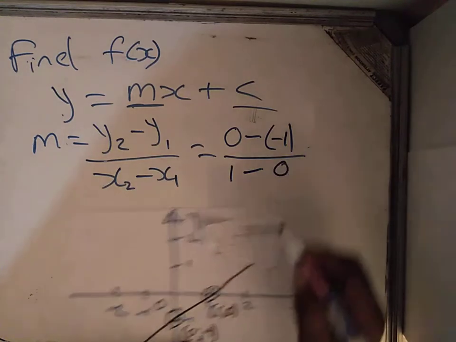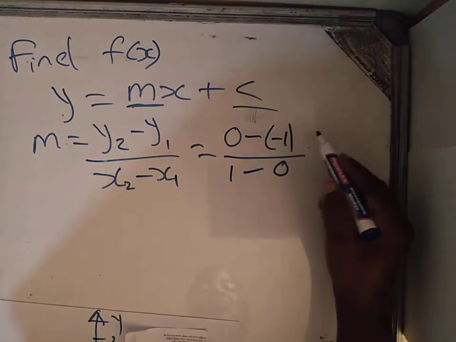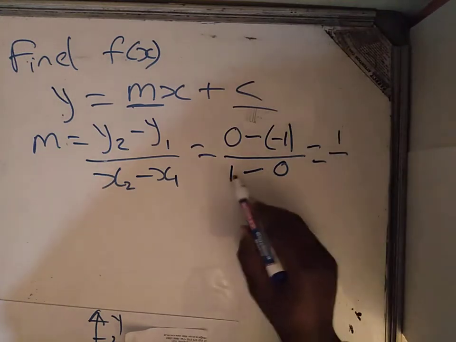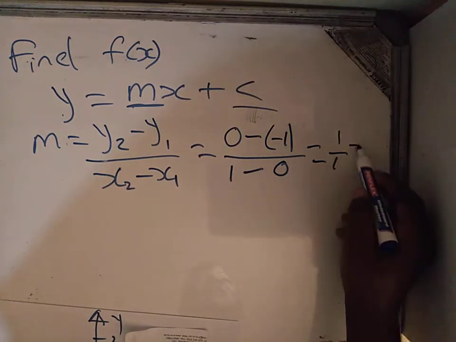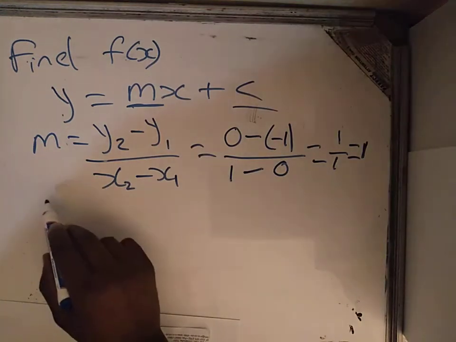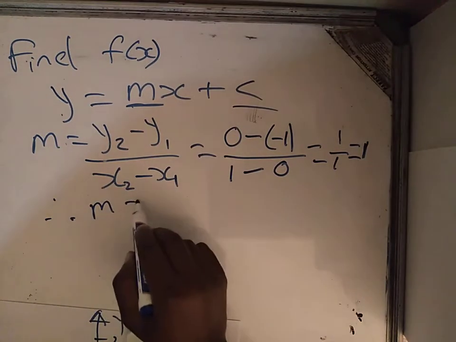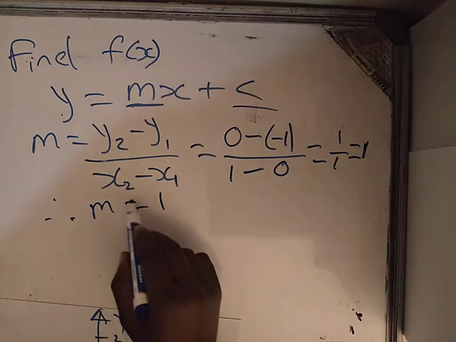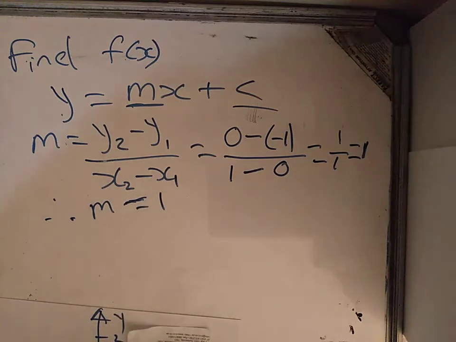It is 0. So 0 minus 1, you're gonna end up with 1 over 1 minus 0 is 1, and then our answer here is 1. So our m is equal to 1, right? So our m is equal to 1.